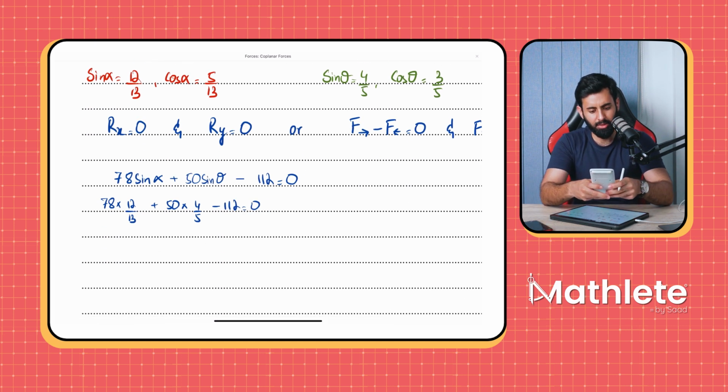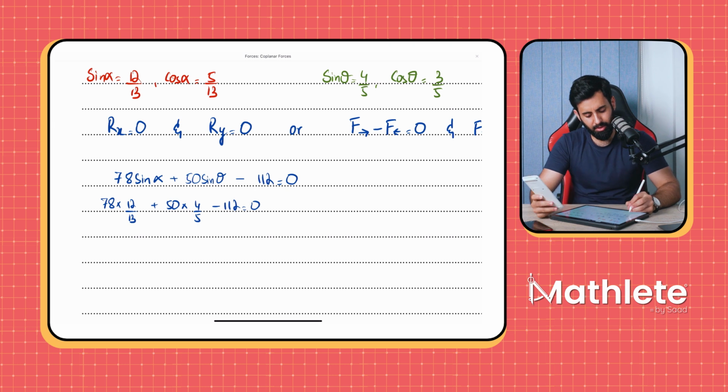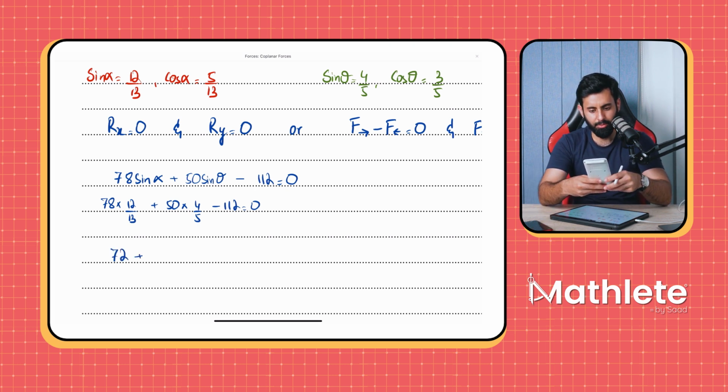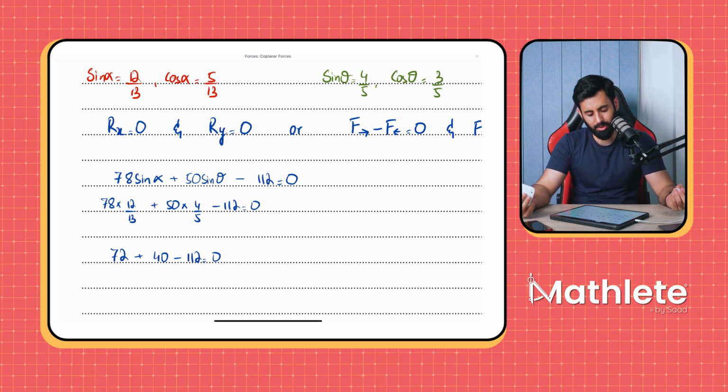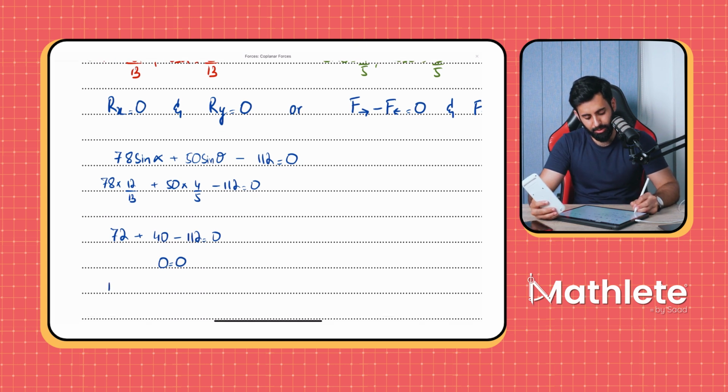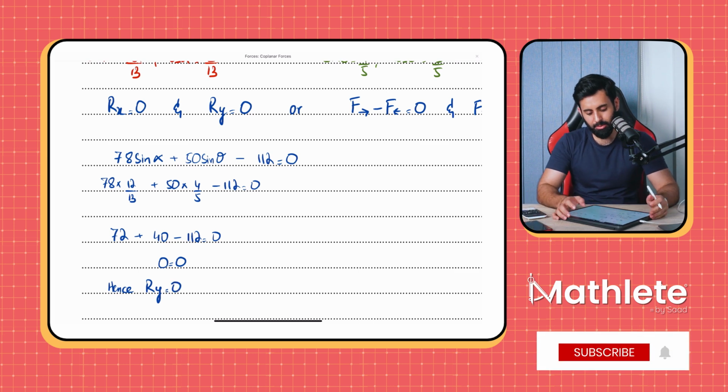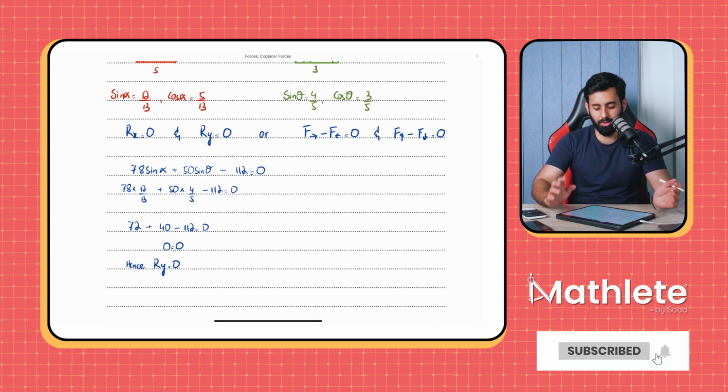Let's work this out. 78 into 12 divided by 13 is 72, plus 50 into 4 divided by 5, so that's 40, minus 112 equals 0. 72 plus 40 is in fact 112, minus 112 equals 0. So 0 equals 0, and there you go. Hence, now not proved entirely, but you can say that the resultant in the y direction is equal to 0. So that is what you've shown so far.